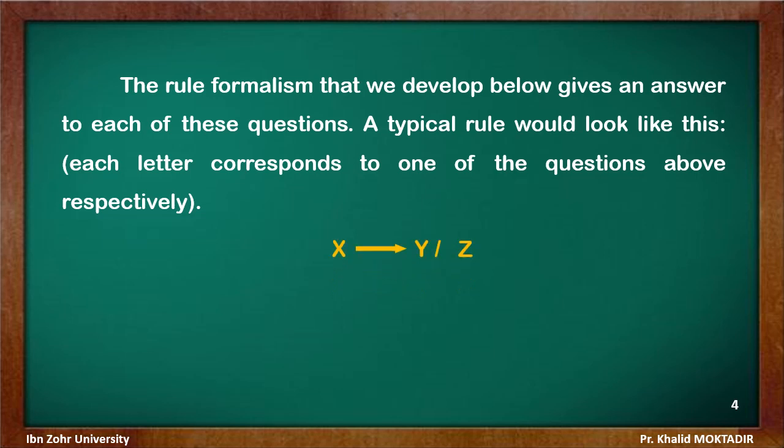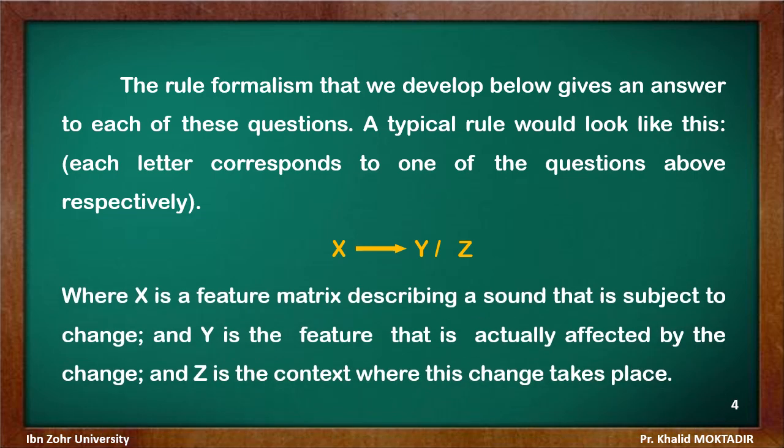The rule formalism that we present below here is an answer to each of these questions. A typical rule would look like this. Each letter corresponds to one of the questions above. In other words, X is going to be what changes, Y represents how does it change, and Z represents when does the change take place.